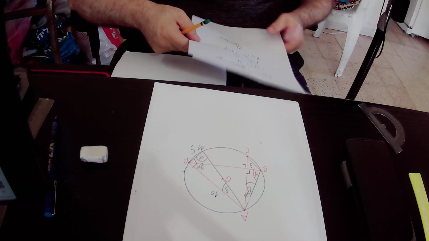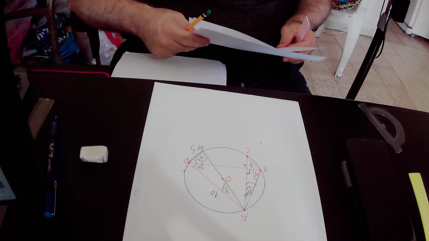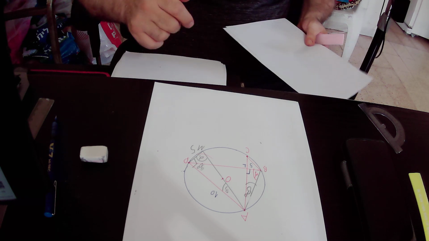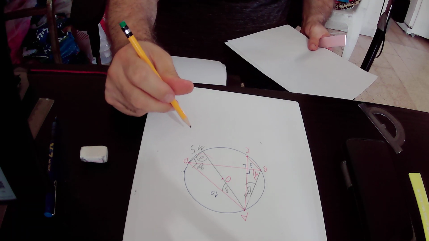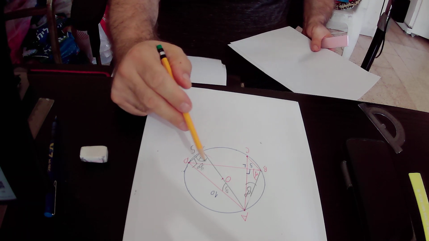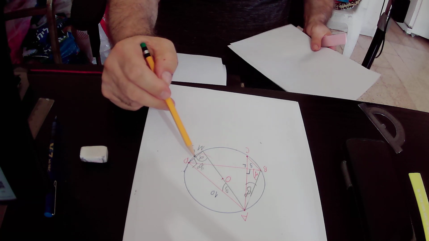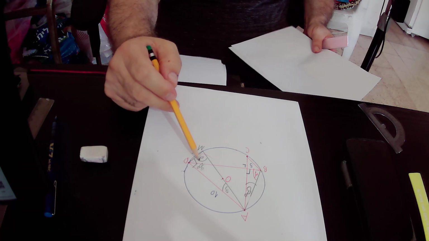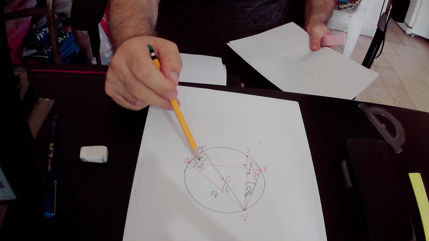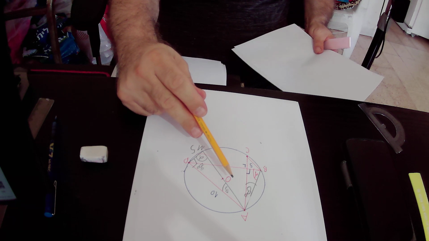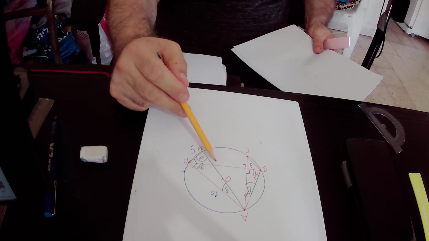So we actually have right triangle AMD. It is a right triangle because angle ADM equals 90 degrees. And we can use the Pythagorean theorem in order to find out the value of the hypotenuse.